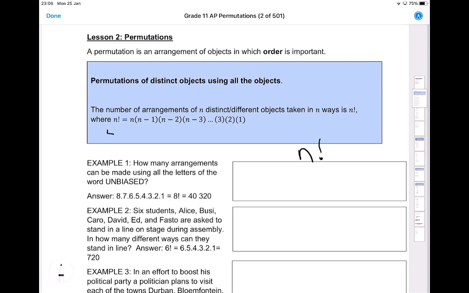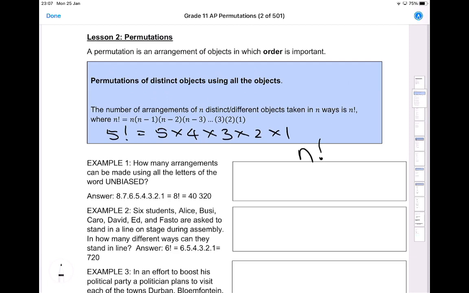As an example, 5 factorial means 5 is multiplied by 4, multiplied by 3, multiplied by 2, and multiplied by 1. So you're multiplying the natural numbers from 5 right down to 1. So that is what we mean by the factorial notation.